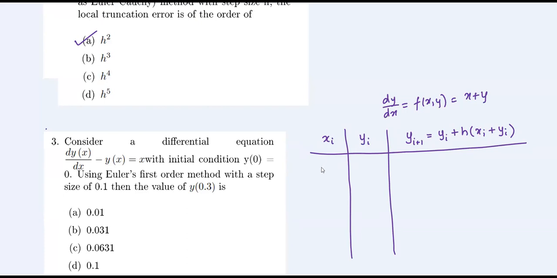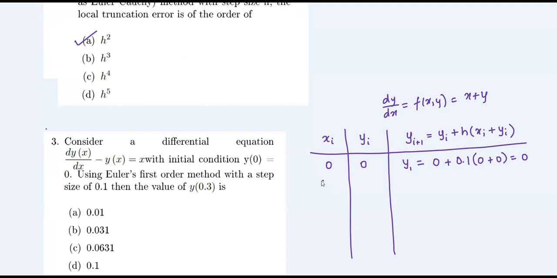So i equal to 0 now first. So x naught is 0, y naught is 0. So y1 will be y naught plus h, step size he has given 0.1, times 0 plus 0. This will be 0.